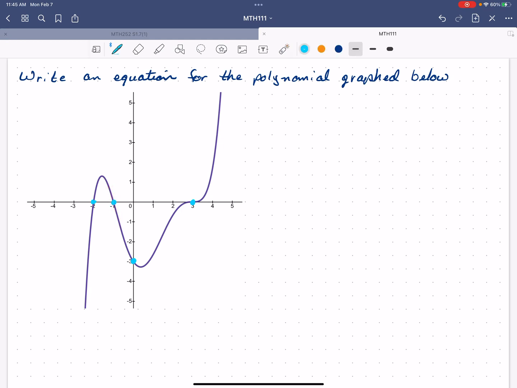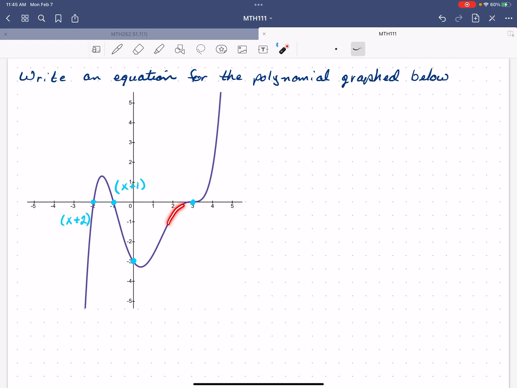So the factor that goes with this 0 at negative 2 is a factor of multiplicity 1. The factor that goes with the 0 at negative 1 is also of multiplicity 1, because the graph going through those two factors looks like a straight line.